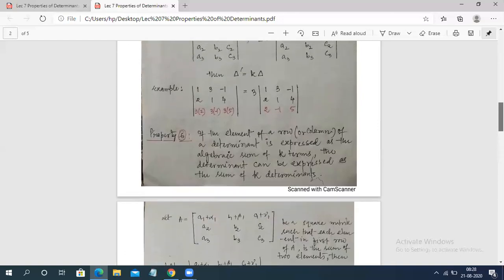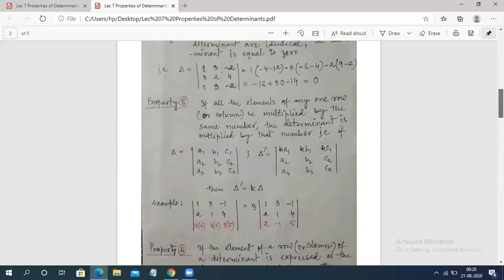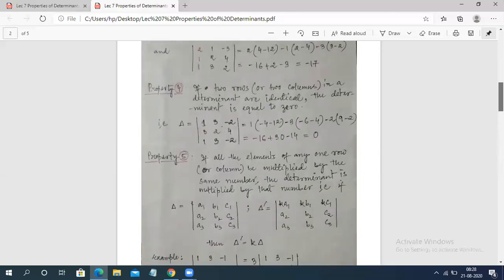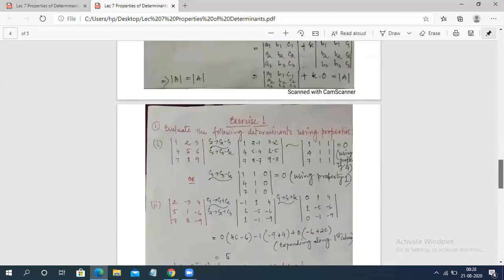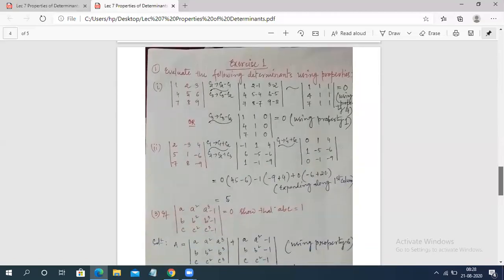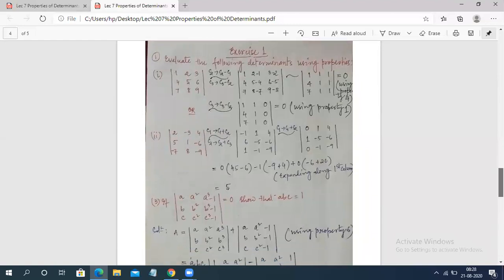You have to use these properties for the transformation of determinants given in your exercise. First exercise, the first question. When you do these questions, these properties will become clear very easily. Evaluate the following determinants using properties.